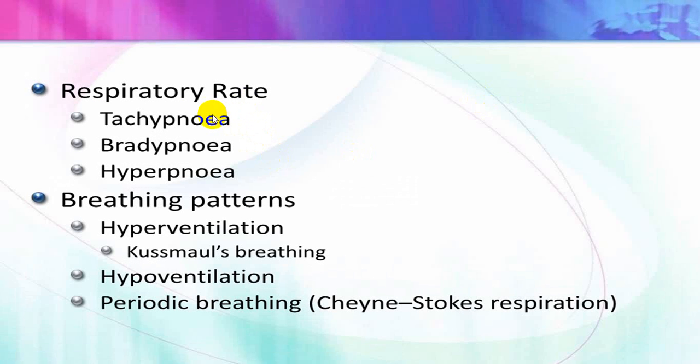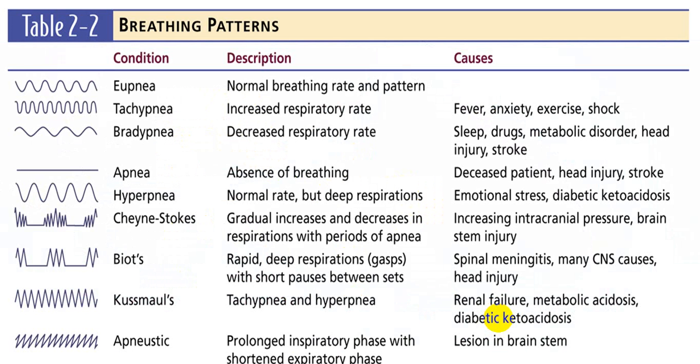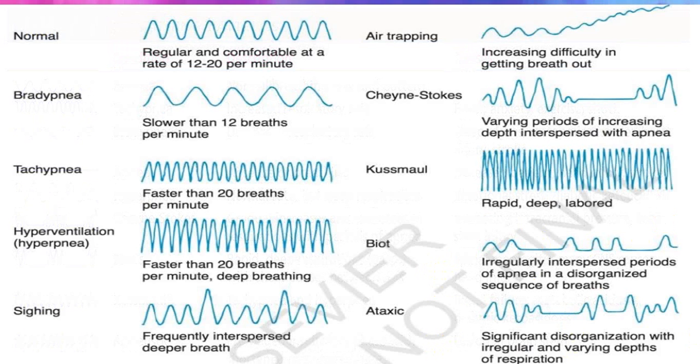Rate wise, tachypnea, bradypnea, hyperpnea, and breathing pattern wise, hyperventilation, hypoventilation, Cheyne-Stokes breathing, Biot's breathing, Kussmaul's breathing, apneustic breathing, eupnea, apnea, all those things we have already discussed in respiration under vital signs.